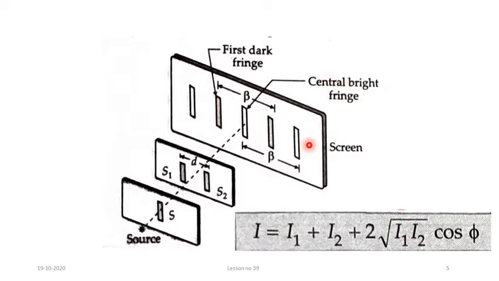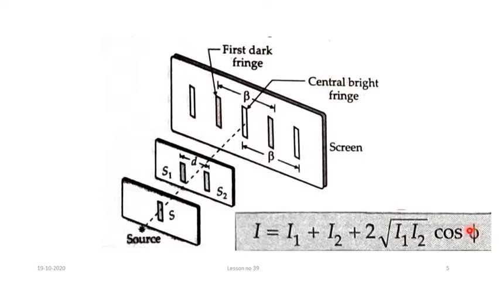We'll see how. Let us consider this source S1 and S2 to be incoherent sources. That means the light coming out of this one may be of a different color, and the light coming out of this one will be of a different color, and they will have a different phase difference.